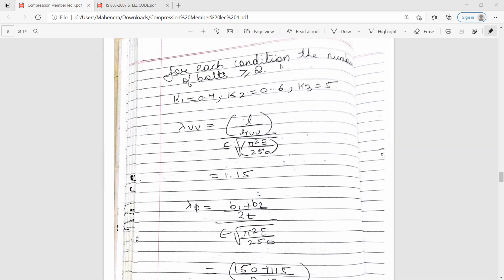RVV again you will get from the steel table. Why did we take the condition as greater than or equals to? We had assumed this condition. It depends upon us which condition we have to assume. So we had assumed the condition that is greater than 2.